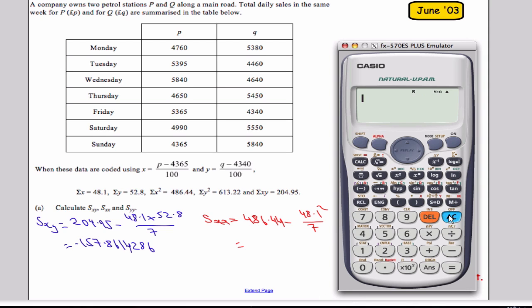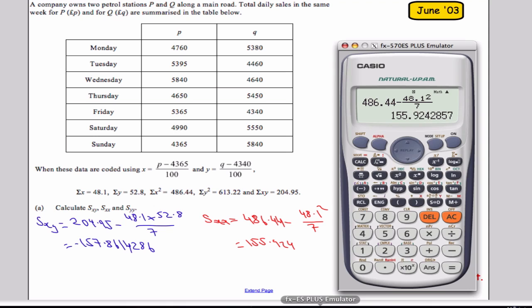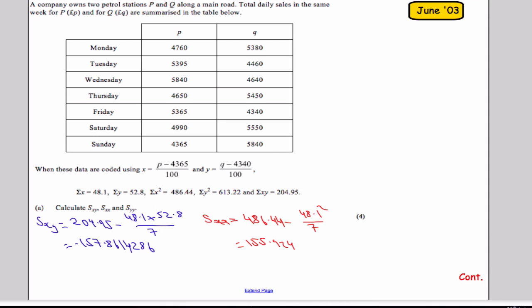We get 486.44 minus 48.1 squared over 7. That's 155.9242857.